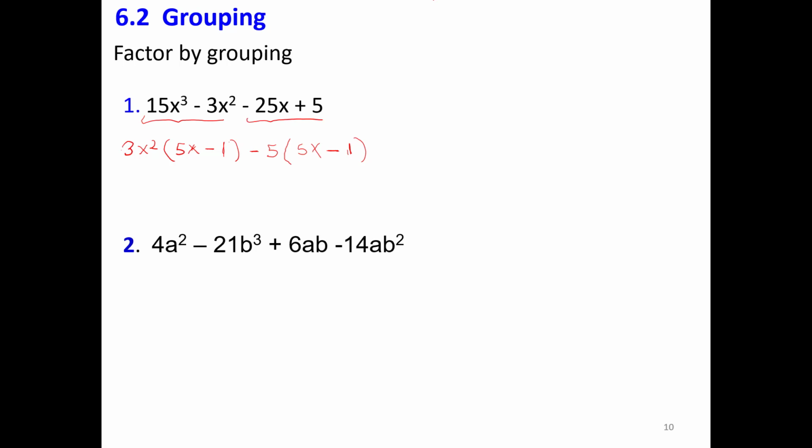Now if you have a negative sign, you have to be careful to always double check that the signs you wrote inside are correct. Then these two terms match, and we write this one in front. What is left inside is 3x squared minus 5.